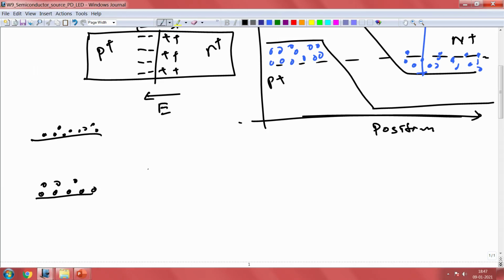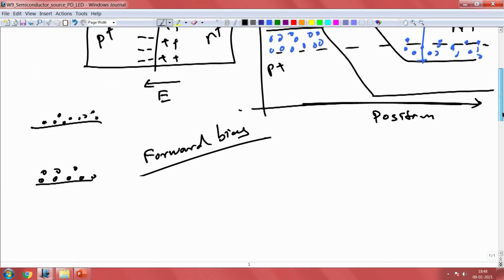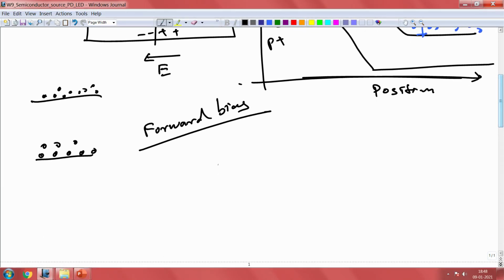When you do a forward bias, when you apply positive to positive and negative to negative, that is what we call forward bias. When you do a forward bias, the band bending is now reduced.